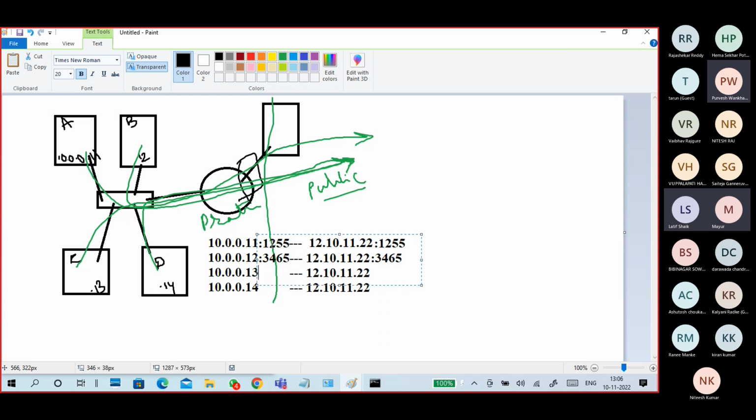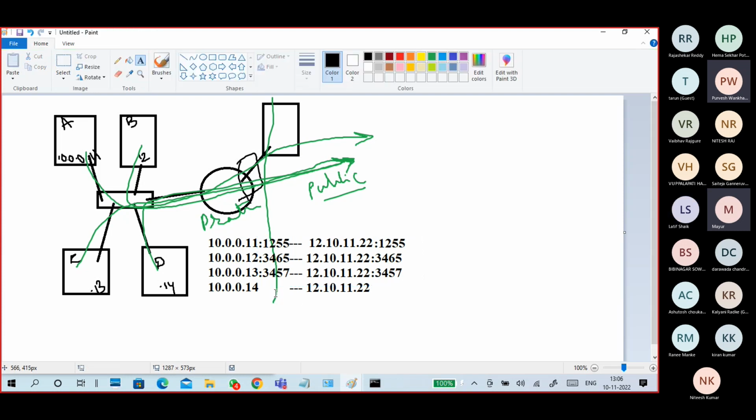Meaning when you are sending a request at the ISP, it automatically maps with a certain port number. So when the packet is sent outside, it's private only, but when it reaches here, it becomes a public IP address.